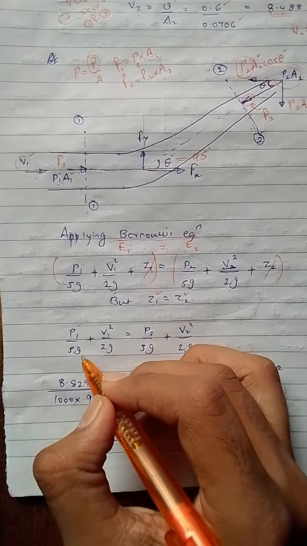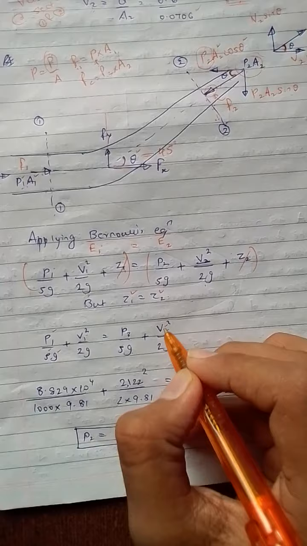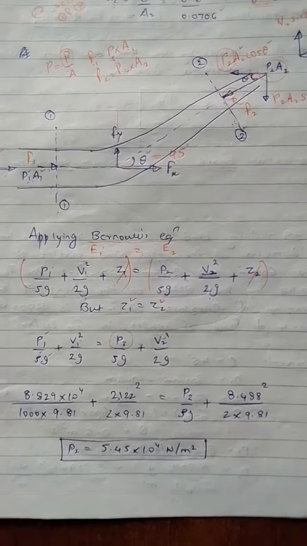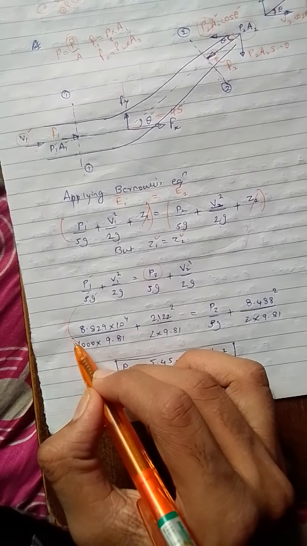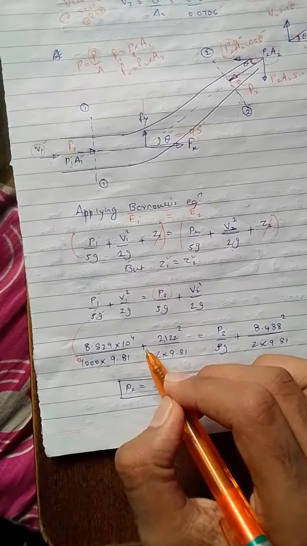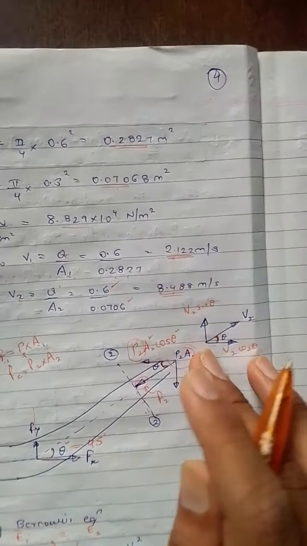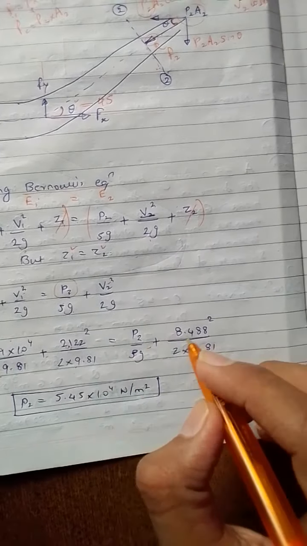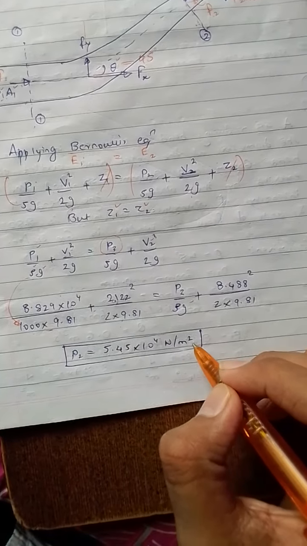In this equation we know P1, rho, g, V1 and V2, so only P2 remains. We put all the values in the equation: P1 divided by rho g, where rho is 1000 because it is water, plus V1 square, V1 equals 2.122, squared, divided by 2g, equals P2 upon rho g plus V2 square upon 2g. So we get the value of P2 as 5.45 into 10 to the power 4 Newton per meter square.